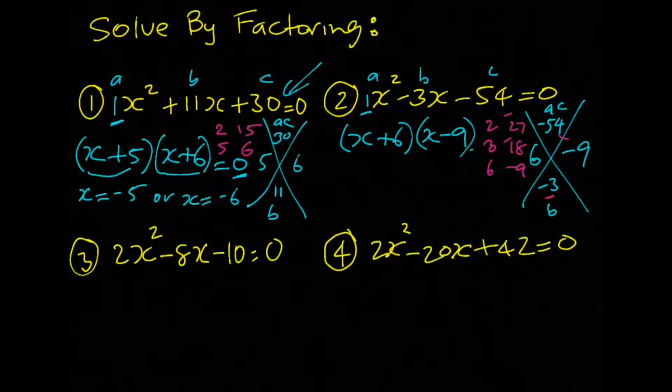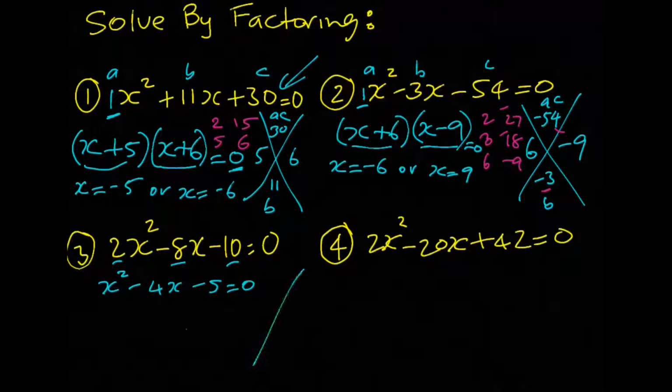So to solve for 0, using the null factor rule, either that is 0 or that is 0. So x equals negative 6 or x equals 9. Okay, part 3. Now we can simplify this more by dividing everything by 2. So we've got x squared minus 4x minus 5 equals 0. So let's look at AC: 1 times negative 5 is negative 5 and B is negative 4.